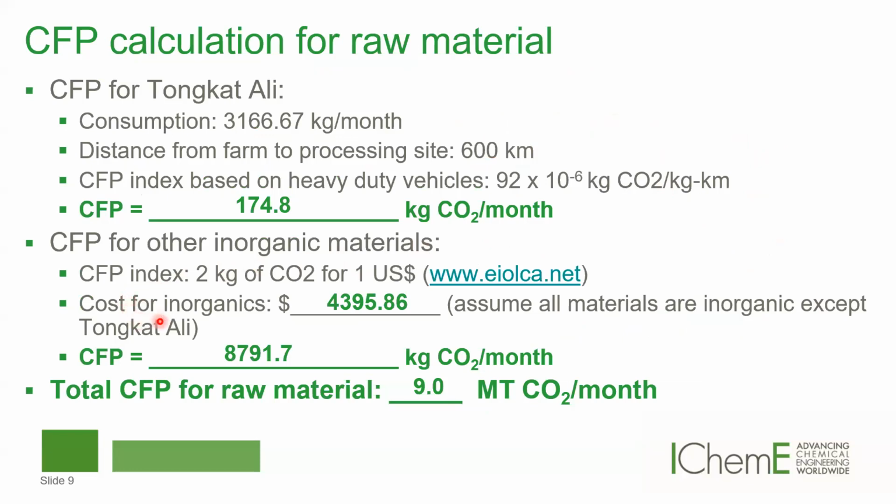Because of data availability, they were lumped together and assumed that for every 2 kilograms of carbon released, the cost is 1 US dollar. Get it? For every dollar of consumption of these inorganic materials, the carbon footprint is 2 kilograms. That data is from the OpenLCA database.